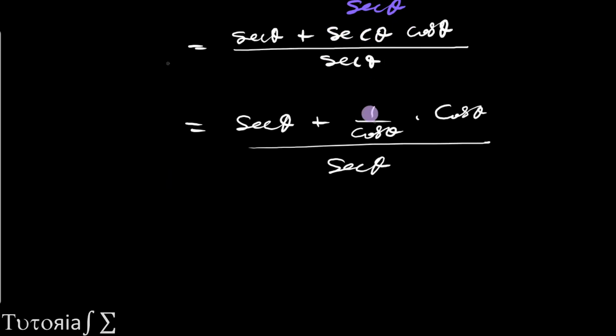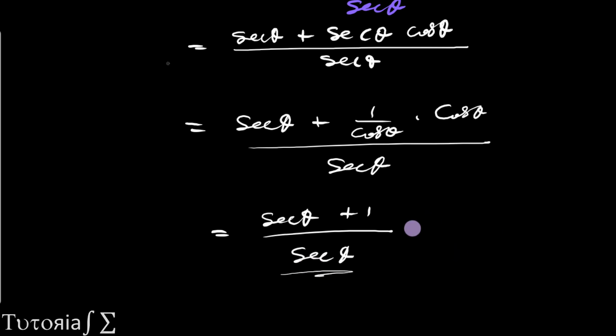So this will be equal to sec theta plus 1 over sec theta, right, which is equal to the left hand side.